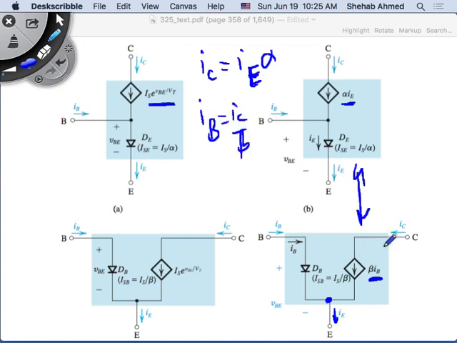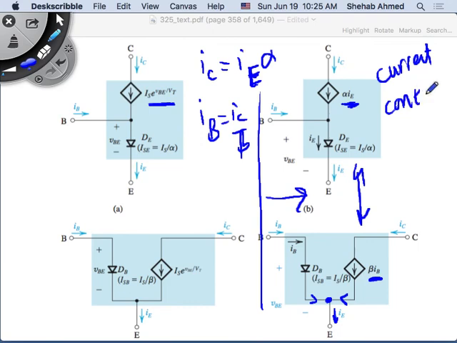So I have IC here, which is equal to beta times IB flowing, adding up with my base current, going out to the emitter. And these are what? Current sources, controlled by current. So these two models are current controlled current sources.